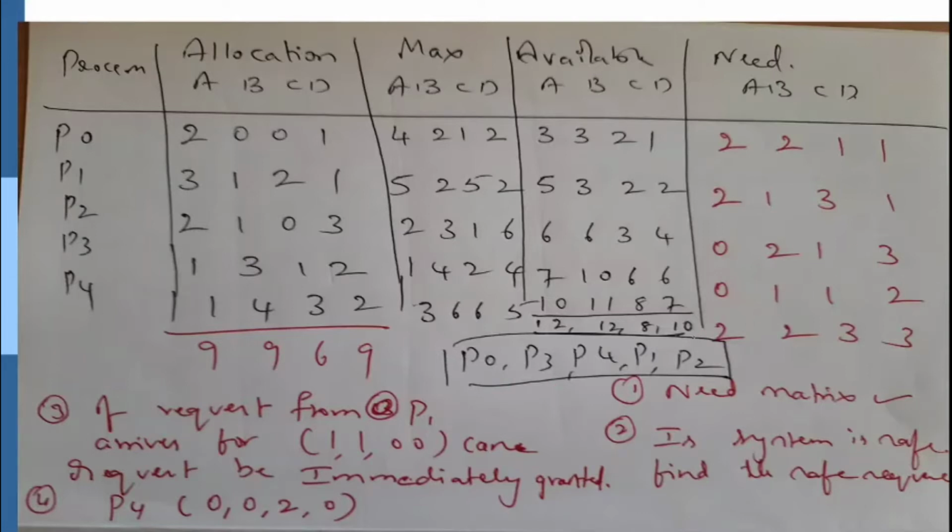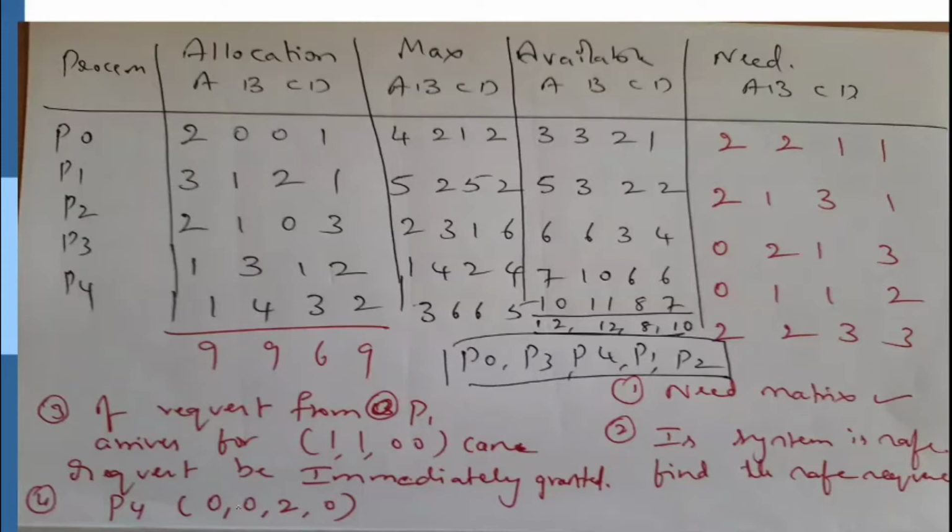Okay. And if a request from P1 arrives as 1 1 0, then along with its existing resources it requires one more resource, that is 1 1 0, requested by P1 along with 3 1 2 1. It has requested some more resources to complete its task.